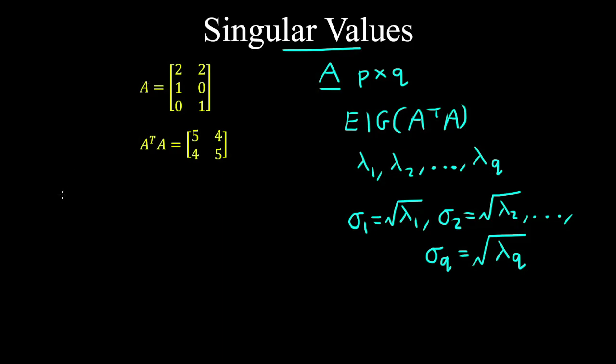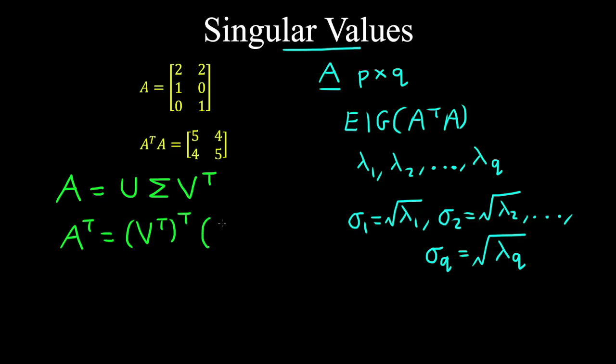So for example, if we decompose A into an orthogonal matrix U by a diagonal matrix sigma by the transpose of an orthogonal matrix V, then transposing A will give V transpose transposed by U sigma transposed.